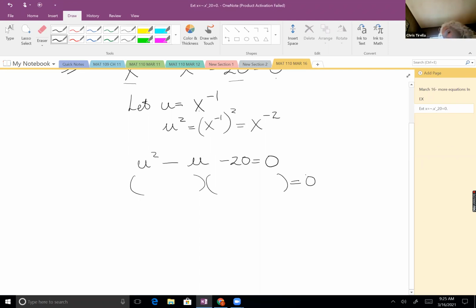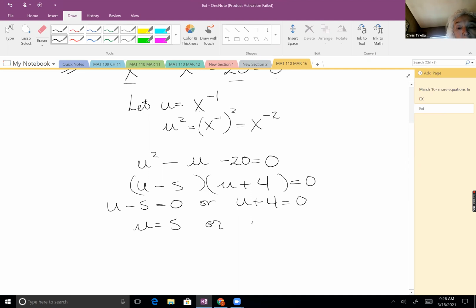How would you folks factor u squared minus u minus 20 equals 0? Minus 5, plus 4. U minus 5, u plus 4 equals 0. Great. And so then we can set each factor equal to 0, giving me u equals 5 or u equals negative 4.